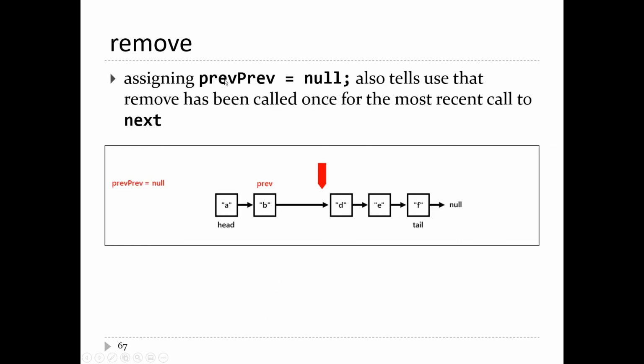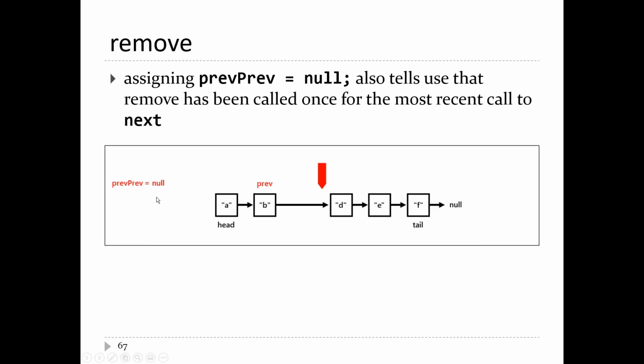The reason we're going to do that is because when previous previous is null, we're going to use that as an indication that remove has been called. And remember that you're only allowed to call remove once every time you call next. So after removing the node, we're going to update previous so it points at the old previous previous, and we're going to set previous previous to null.